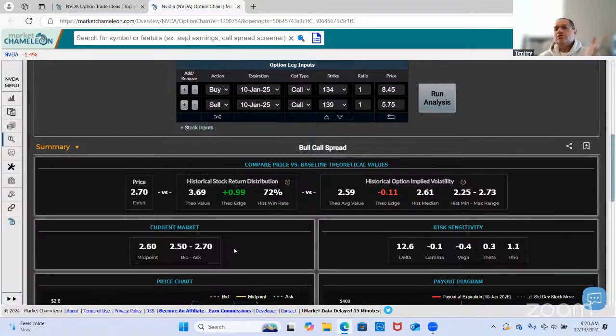So the standard is to say the market's fair value is right in between, which would be 260. If 260 is the market's current fair value, you can see that it falls right in line with the historical implied loss.